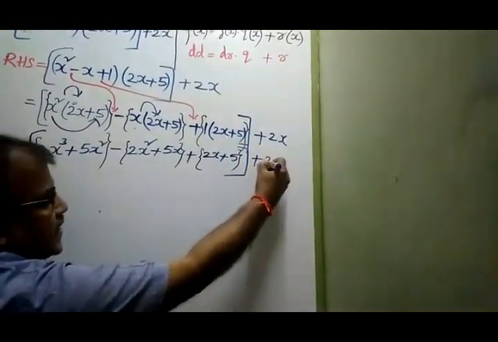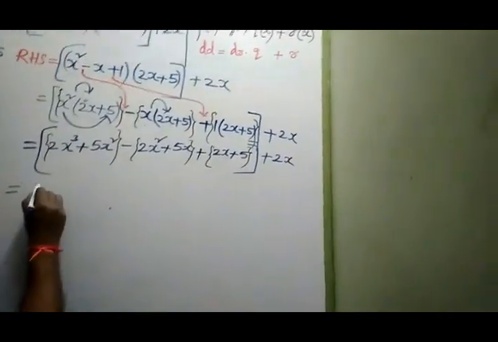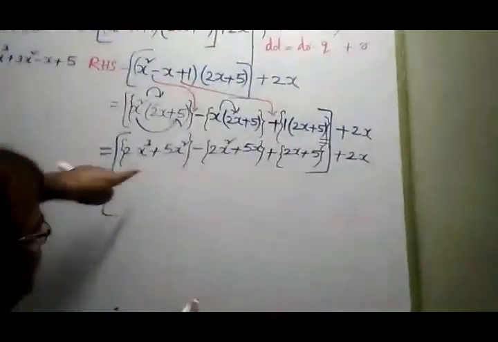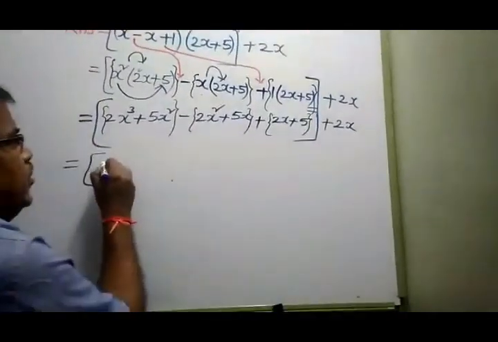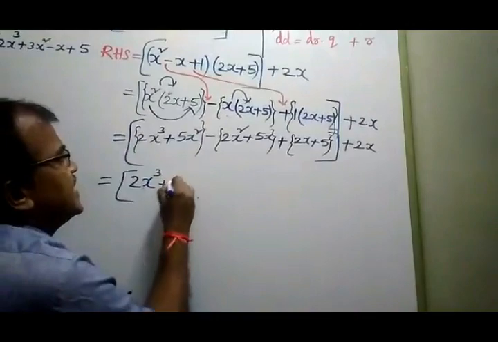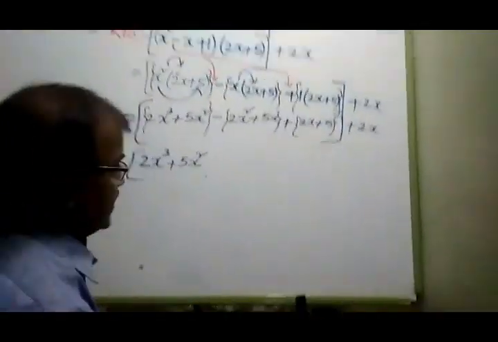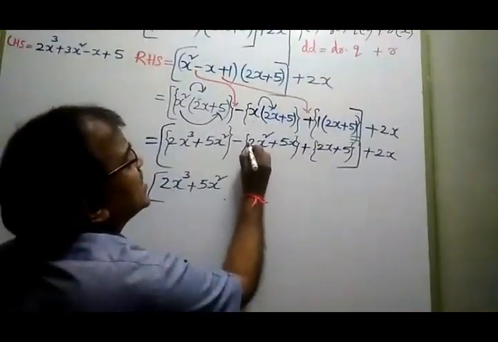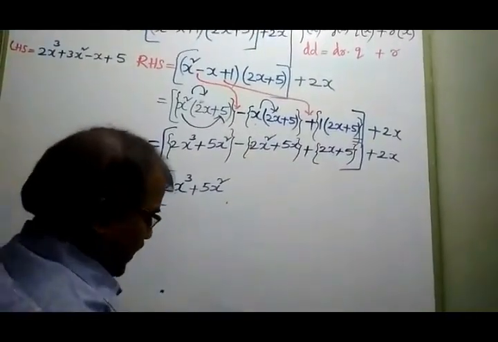Plus 2x is equal to, now break the curly brackets. In front of 2x cube plus 5x square there is a plus, so as it is you can break: 2x cube plus 5x square, and the sign for 2x square is plus.